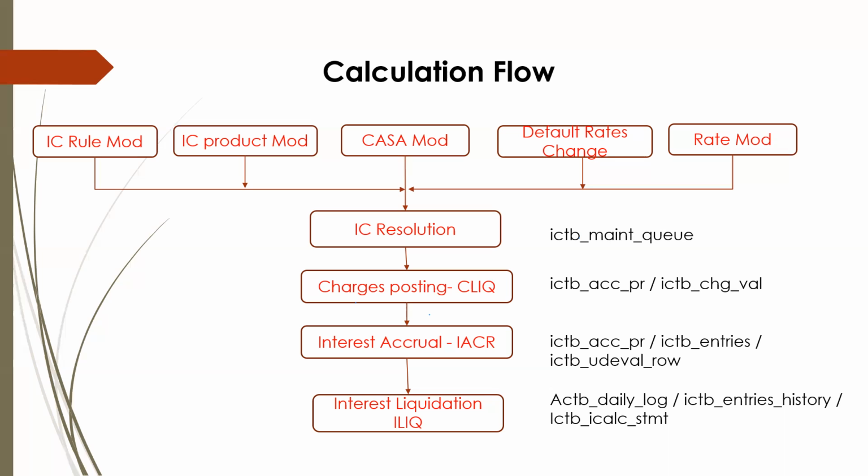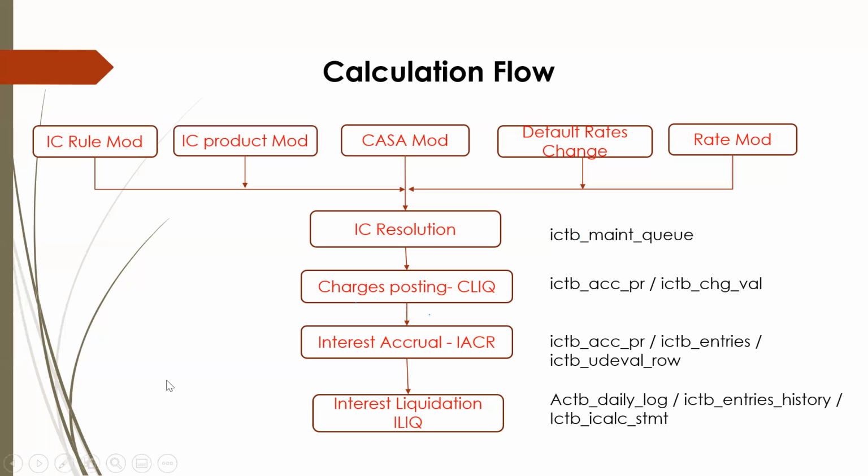In the EOD itself, during the day, if you have modified a rule or product, or you modified something on the account which has a special condition, or you modified the rate, or you introduced a new default rate with some effective date, then that day the EOD system will fire the resolution.